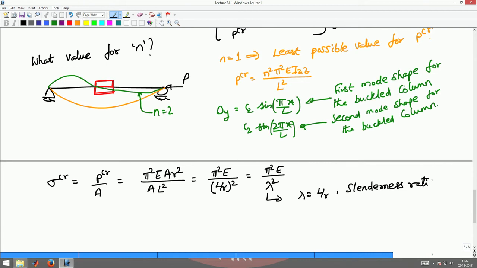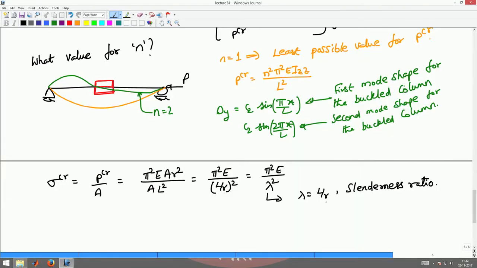I was telling you at the beginning of the lecture that if the beam is slender, if it is not stout, then it will fail by buckling, right. So, this is a measure of the slenderness, which is the length by the radius of gyration of the cross section. To be more specific, this is the radius of gyration of the cross section in the z direction. So, let us say r_g.